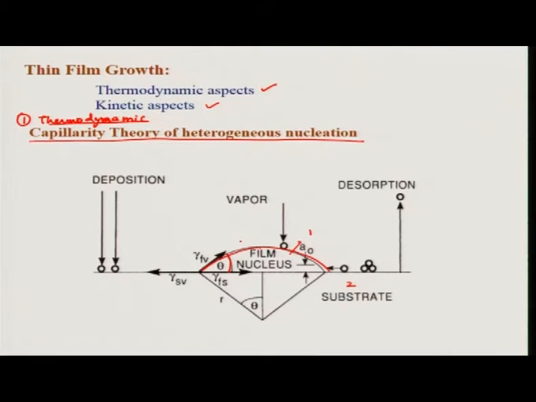Once this nucleus is formed, two extra interfaces are created. One is the interface between the thin film, this nucleus, and the substrate, and the extra surface which is created, which is this surface. Along with that, there is some change in free energy which relates to volume. And along with that, because of these different surfaces, there are different surface energies or interface energies between these dissimilar interfaces. So, we need to take into account these surface energies also.